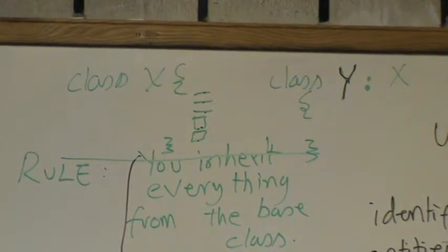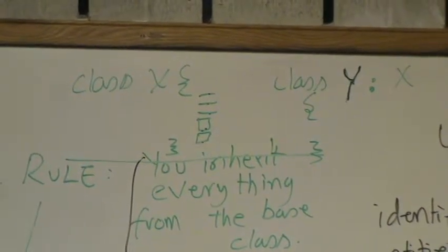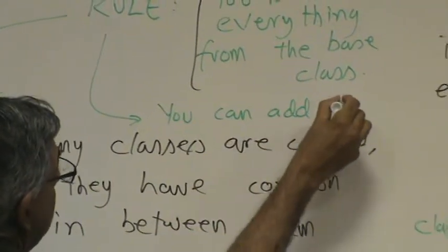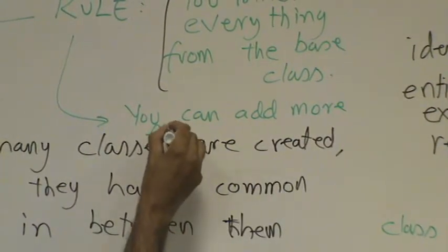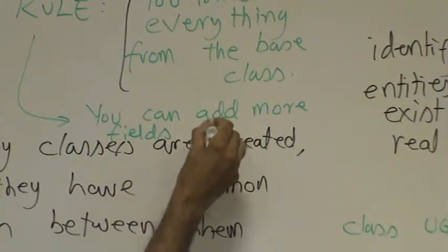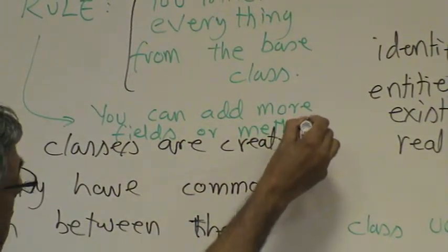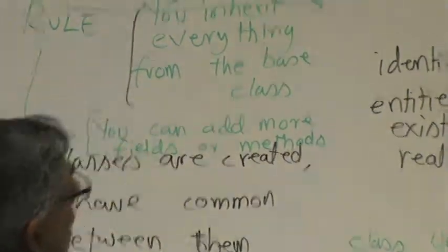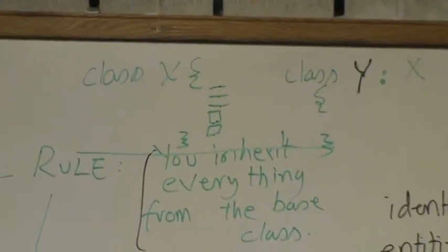Okay, now the other rule in inheritance is, you can add more fields or methods, your choice. So as you inherit, in class Y, you can add more things if you feel like it, okay?